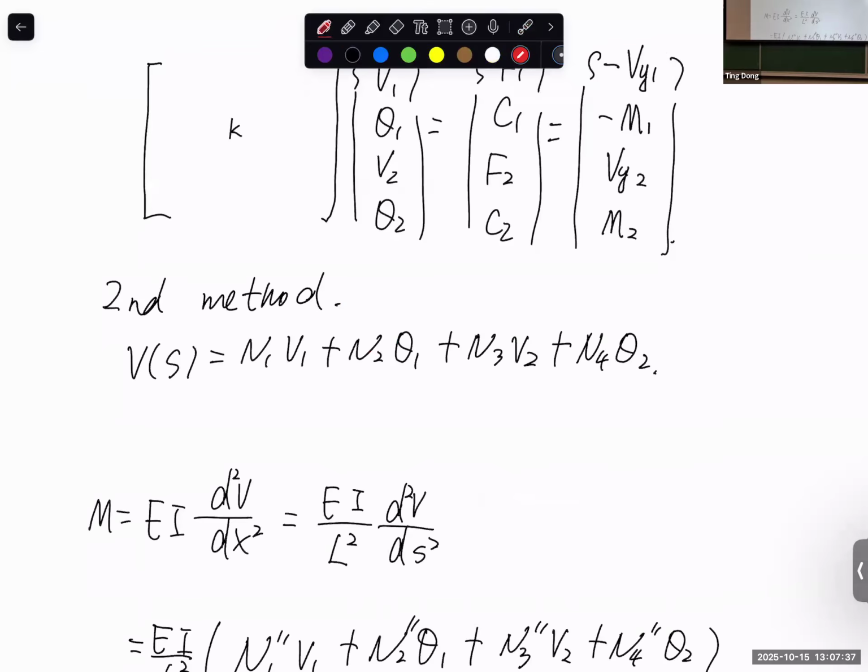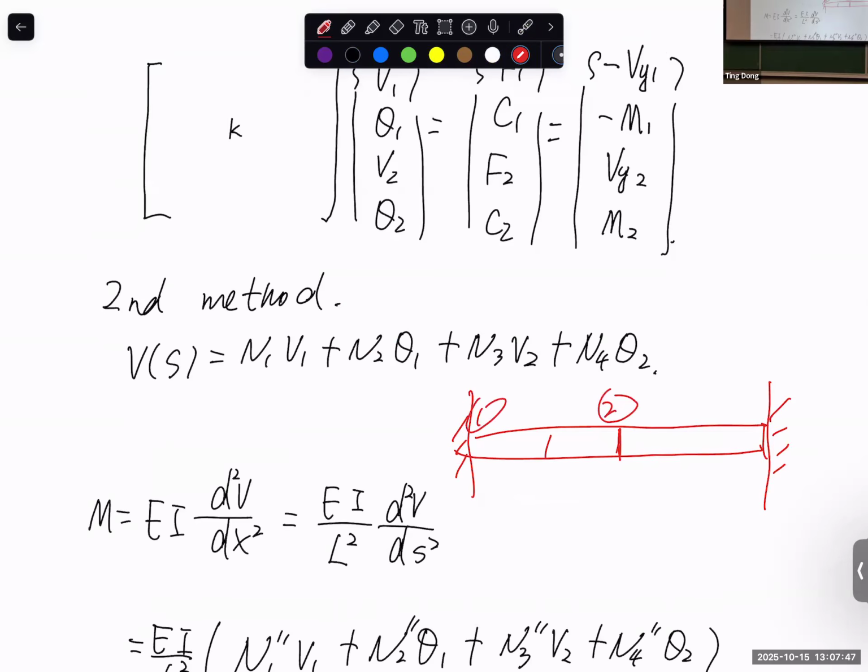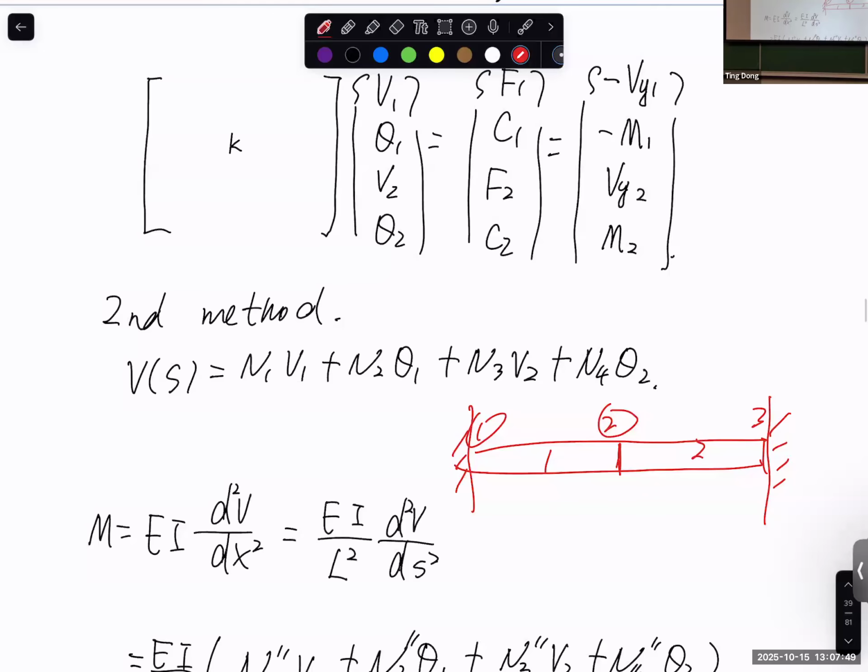If I have a system with two elements, let's just assume, this is element 1, node 2, and element 2, node 3. The question asked about bending moment and shear force at node 3, right? So basically, it's the second element, and node 3 is s equal to 1.